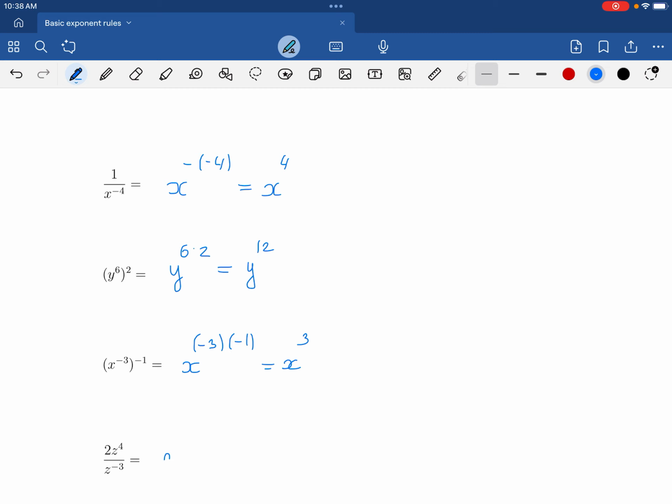So 2 is a constant that we can leave at the front. And here we have z raised to the 4. We have to subtract. So 4 minus 3. And this becomes 2 to the 2 multiplied by z raised to the 4 plus 3. This is 7.